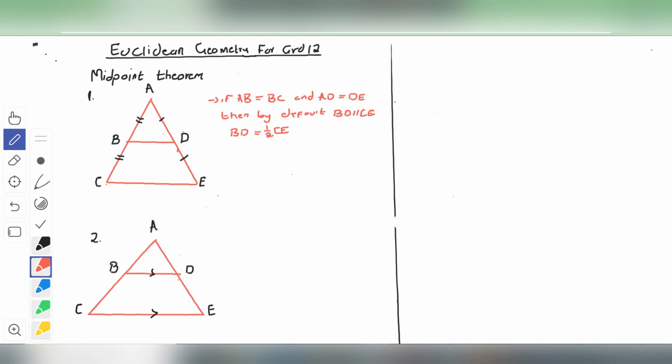So meaning BD is parallel to CE, and BD is half of the distance of what? CE. So if we have 10 here, for instance, the half of the distance here is going to be what? It's going to be 5, right?